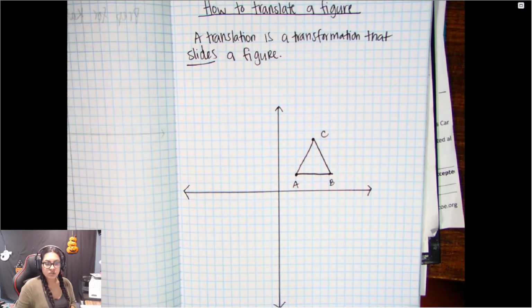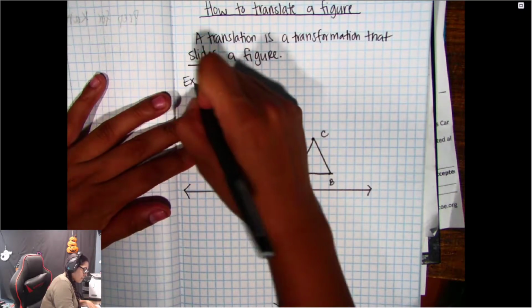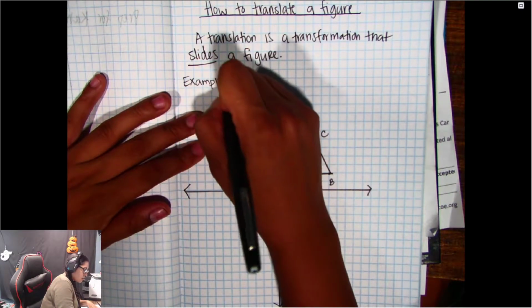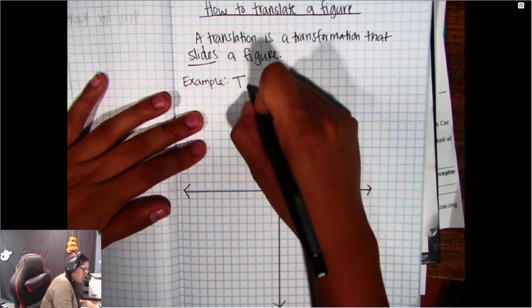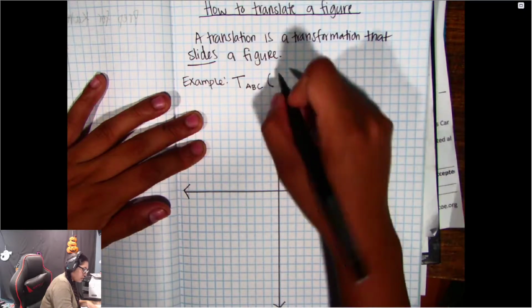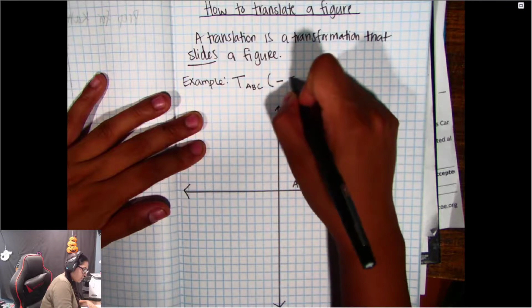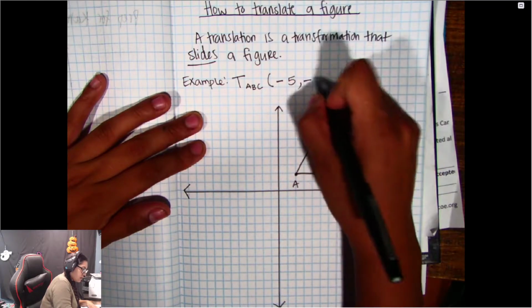Whenever I ask you to translate a figure, I'm going to use this kind of notation, right? Something like here, for example. I want you to do this action for me. Let's do (-5, -2).